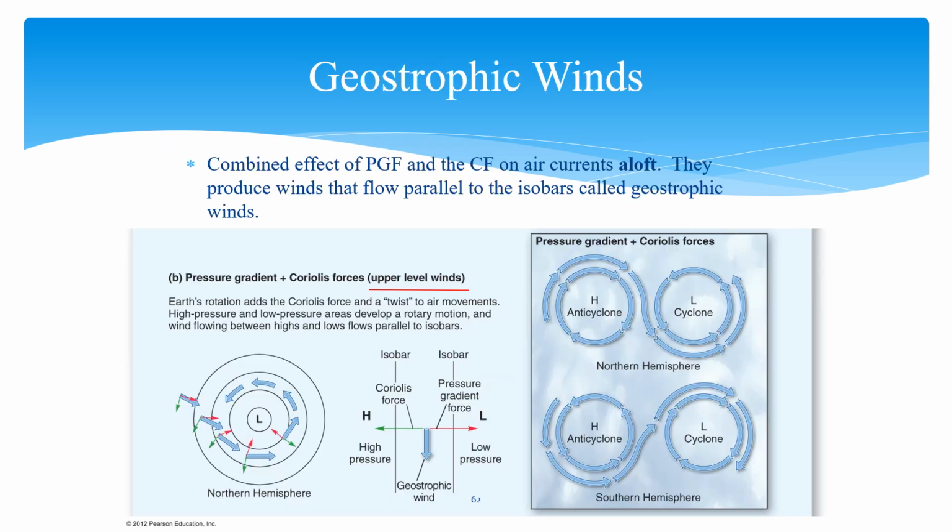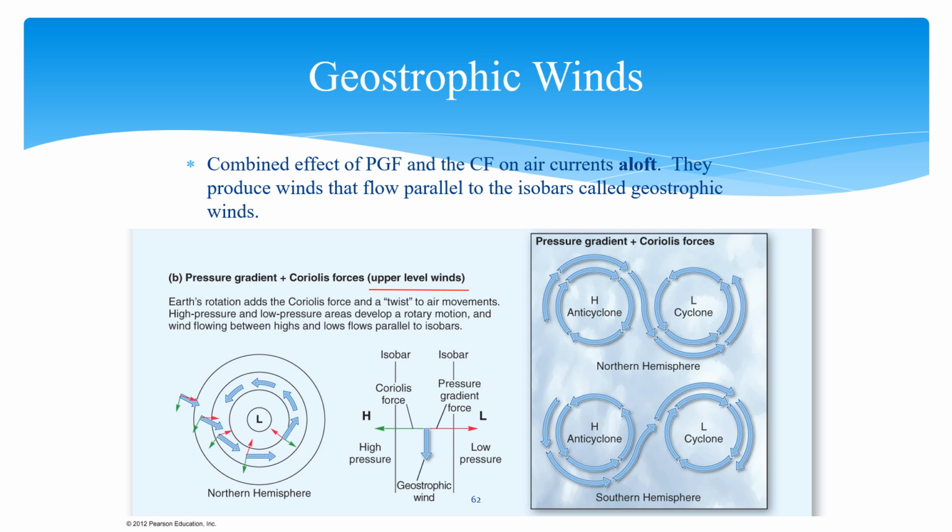Here's another example from our textbook trying to explain how those geostrophic winds work. Basically, it's what I just said, that air, as it rises from the surface, is going to leave behind the drag of friction, which is going to increase its speed. We know that the Coriolis effect increases as we increase our wind speed.